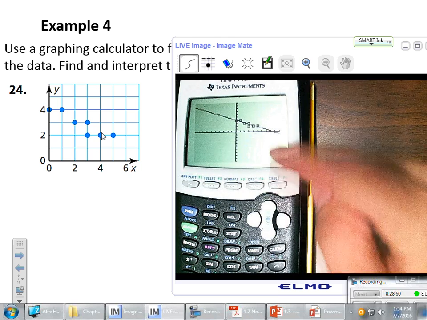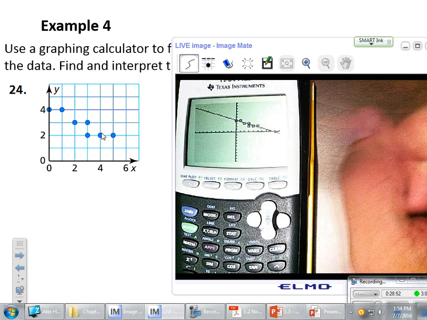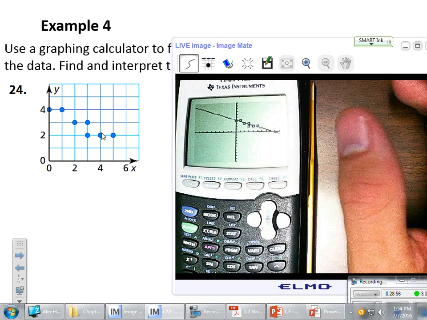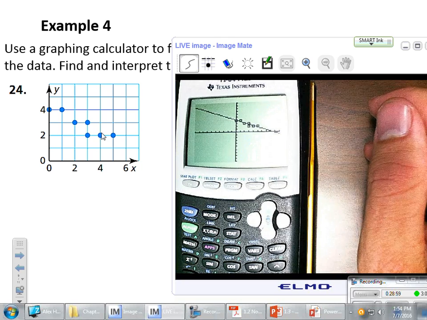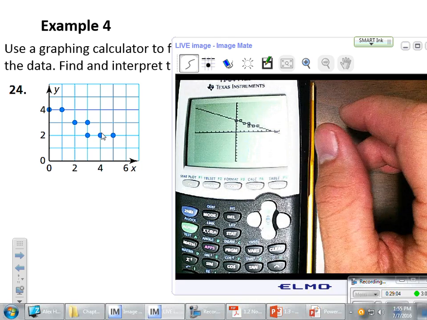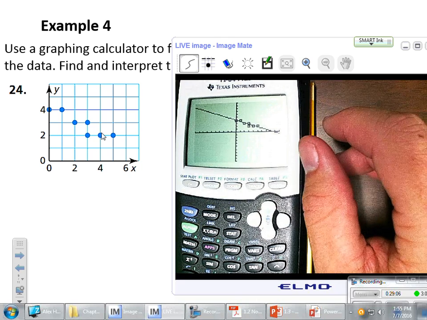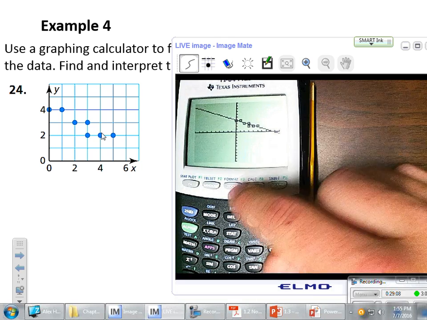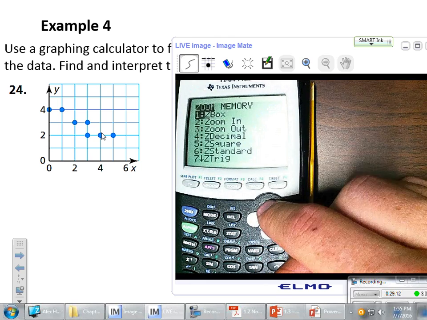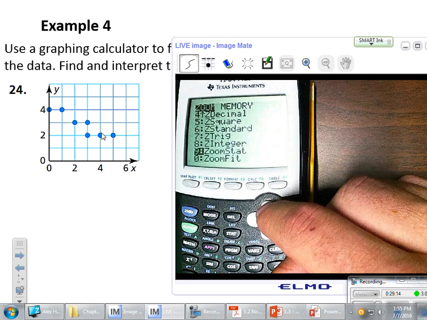Sometimes you will not see the points show up on your screen, particularly if you're working with examples where maybe you don't have nice little ordered pairs, but you've got huge numbers representing costs and miles driven and things like that. If that's the case, you can always hit this zoom key, and then one of your options, if you toggle through that menu, is option 9, zoom stat.